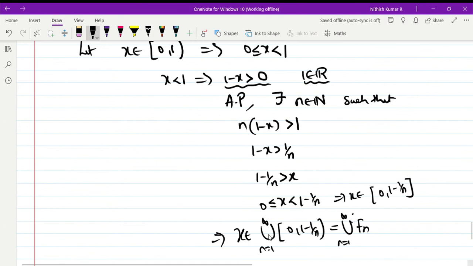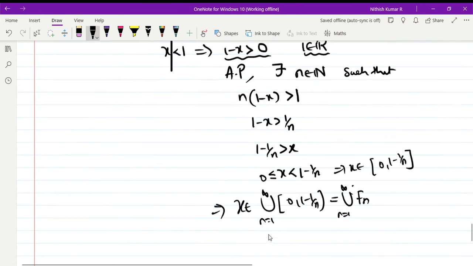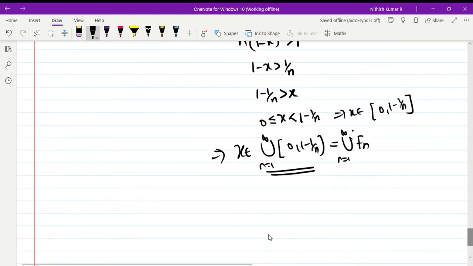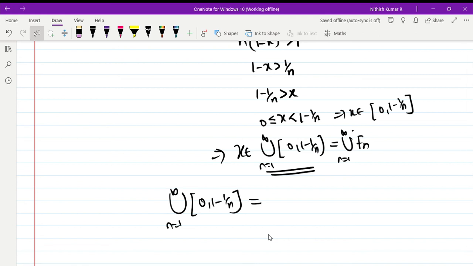Thus we got that every element in the half open interval [0, 1) is also in the union. Therefore the union of closed intervals [0, 1 - 1/n] as n ranges from 1 to infinity is equal to the half open interval [0, 1).